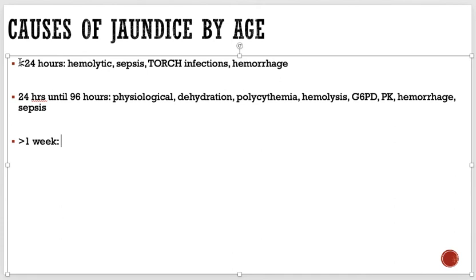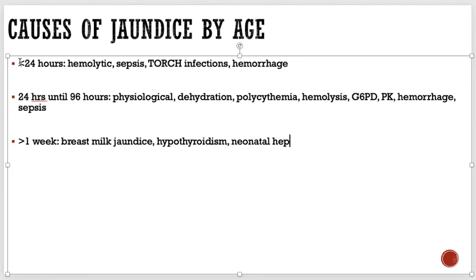But if it starts after more than 1 week of life, now the conditions will completely change. Think about breast milk jaundice. If it's a preterm, you can think about physiological jaundice because it lasts for more than 1 week, sometimes more than 2 weeks. Hypothyroidism is one of the causes of jaundice.